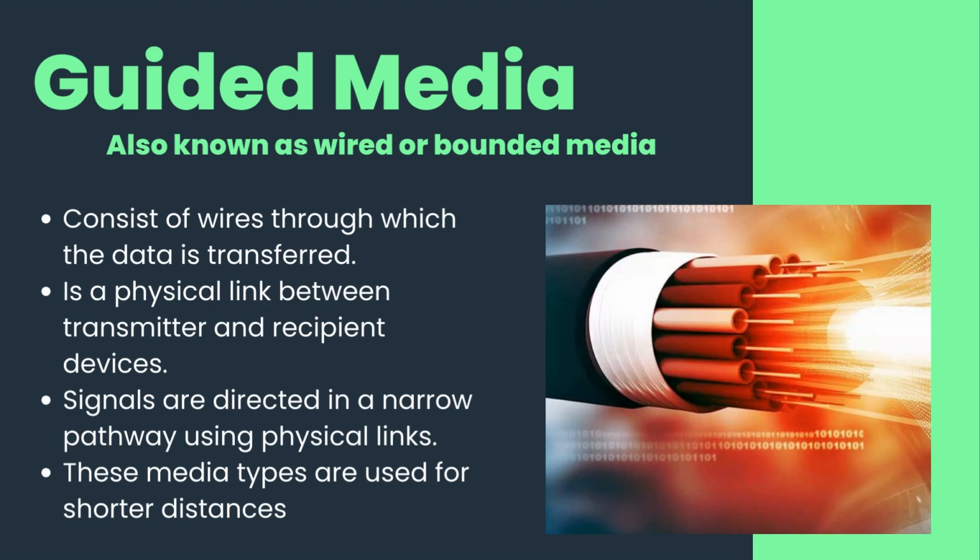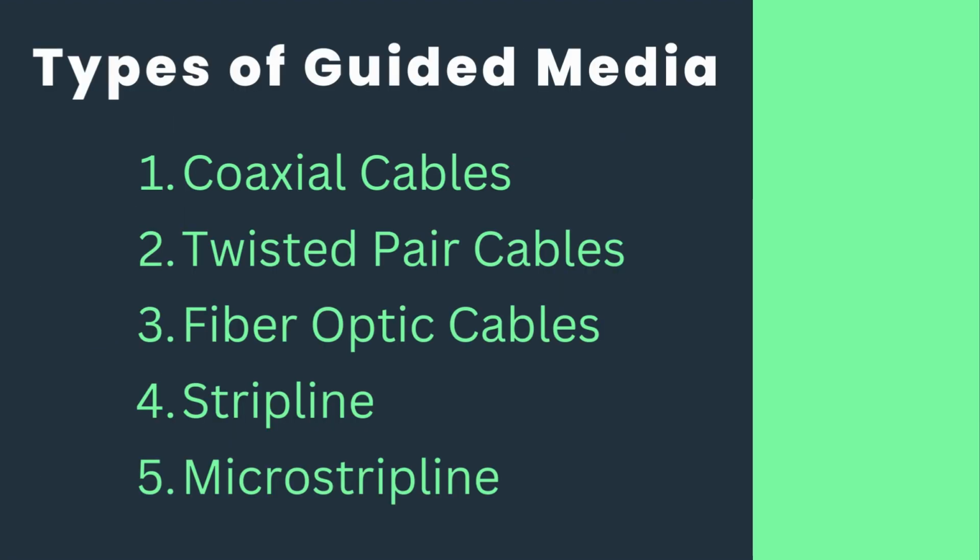These media types are typically used for shorter distances where you can physically lay the cables. As I mentioned before, there are five types of guided media that we are going to learn: coaxial cable, twisted pair cables, fiber optic cables, strip line, and microstrip line.